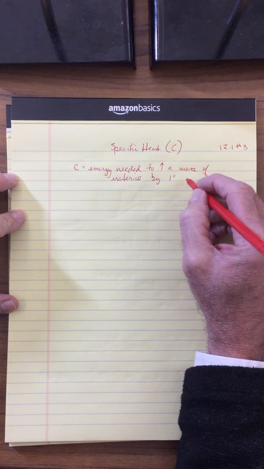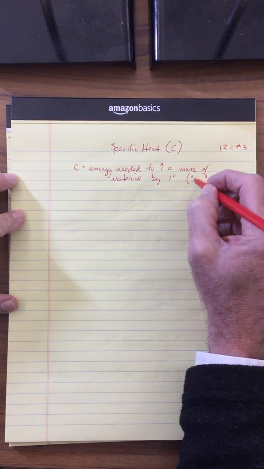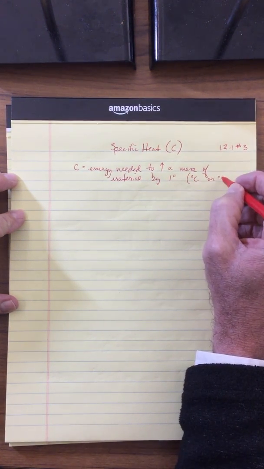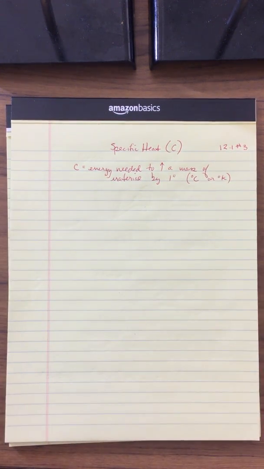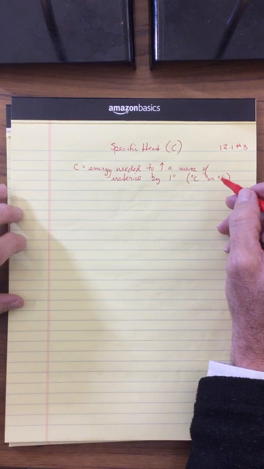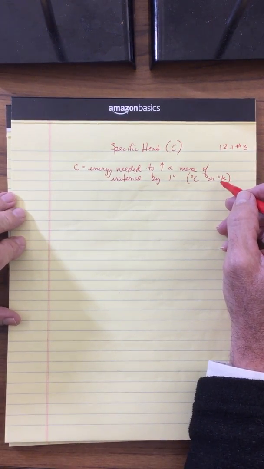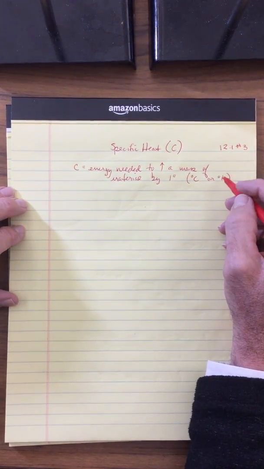And when I say 1 degree, I'm going to be saying either a degree Celsius or a degree Kelvin. Now that degree actually is not needed there because it's just Kelvin, but just to show that it's actually degrees Kelvin.